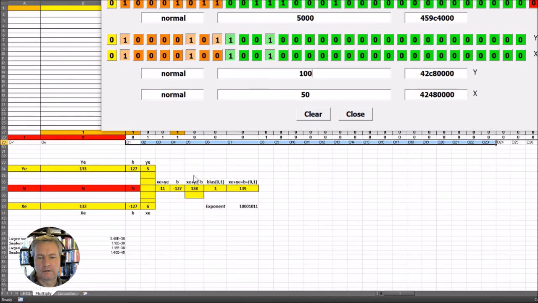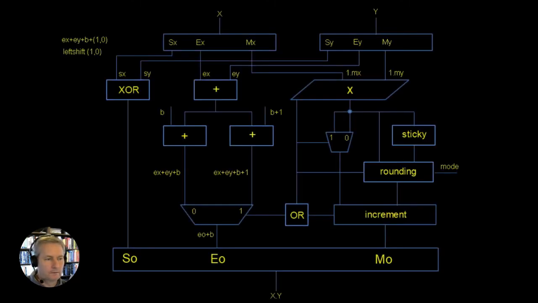This is this answer here, xe plus ye plus the bias, and we'll either have the plus 1 or we'll have the plus 0. So again, let's have a look back in here and we'll see it in our drawing.